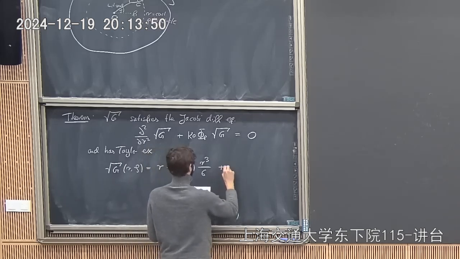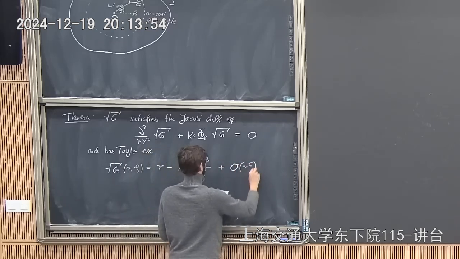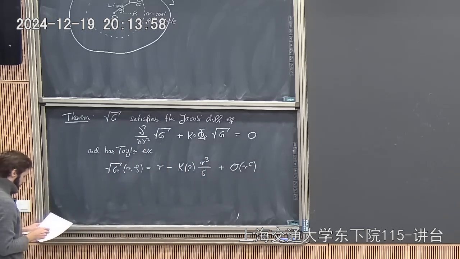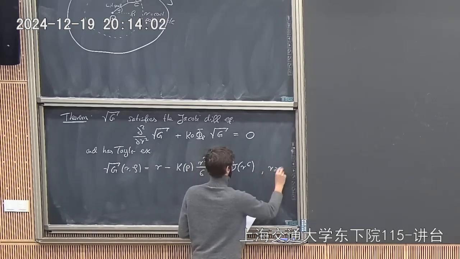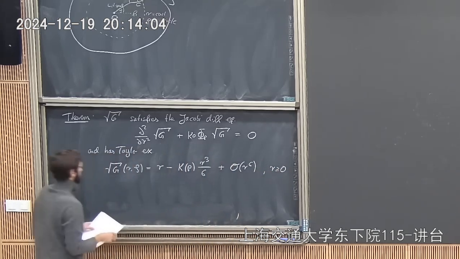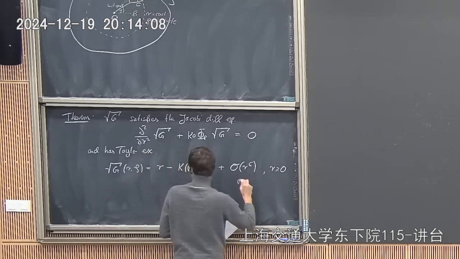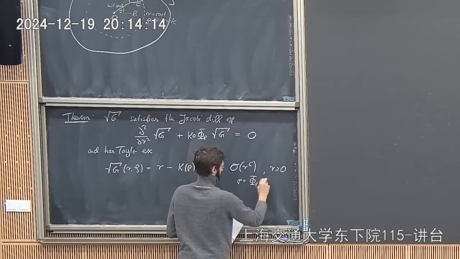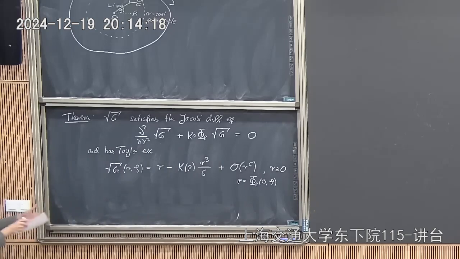And then the higher terms would be higher order as r goes to 0, where p here is phi of p, where the radius is going to 0.